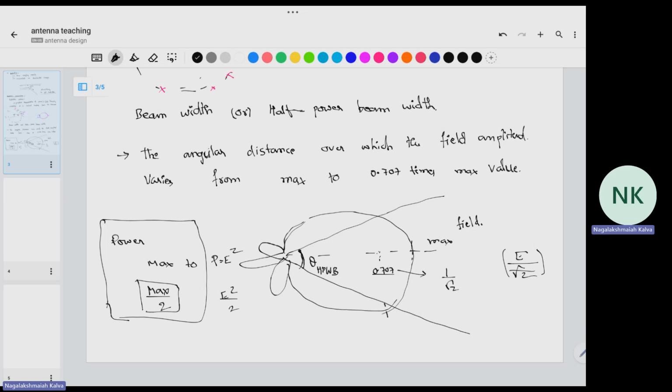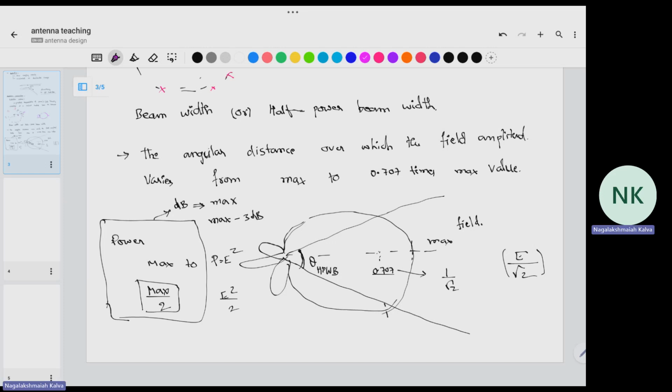Second thing, we can define it in terms of dBs also. So the same power, if it is represented in terms of dB, then it is max to max minus 3 dB.